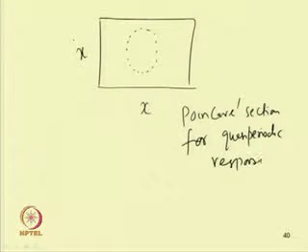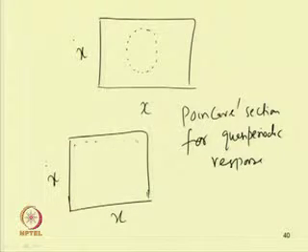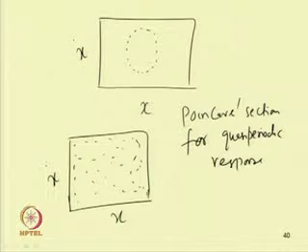Similarly, one can plot the Poincare section for a chaotic system. In the case of a chaotic system, the Poincare section fills up the whole space, so one gets a series of points which fill this state space.